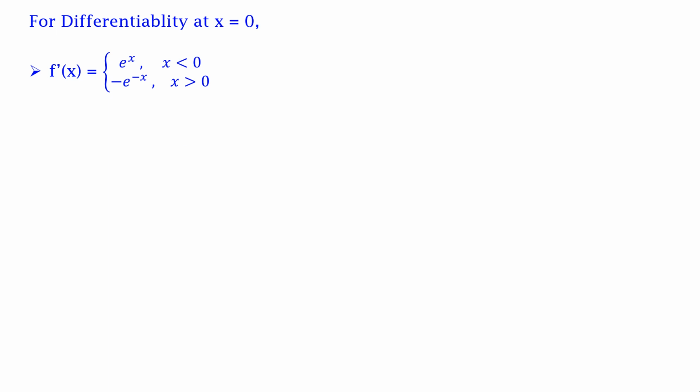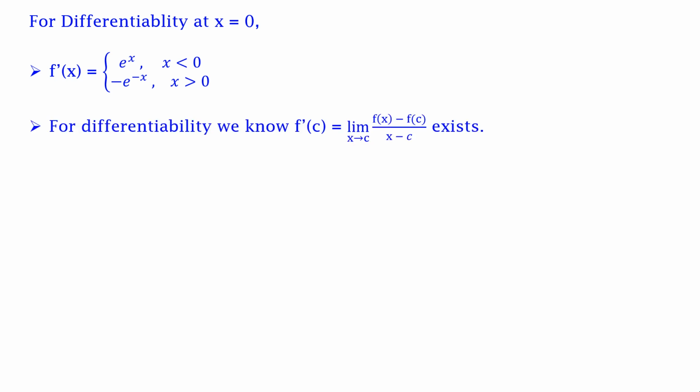First we find the derivative, that is f dash x is equal to e raised to x when x is less than 0 and minus e raised to minus x when x is greater than 0. For differentiability, we know that f dash c is equal to limit x tends to c, f x minus f c upon x minus c should exist.